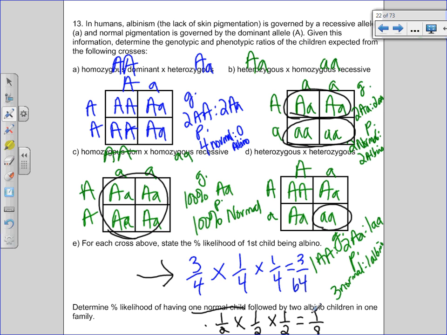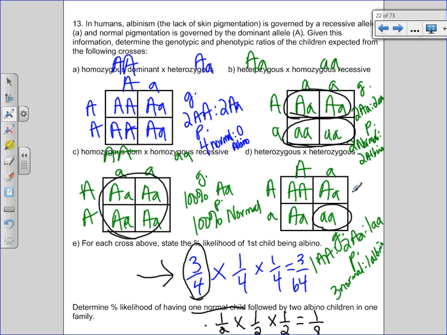Okay, so the percent likelihood of having one normal followed by 2 albino children in the family for B is 1 in 8.